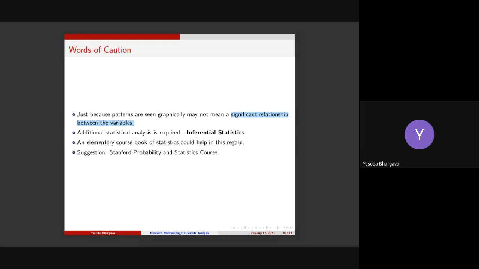So in this lecture, I hope you got a brief idea about analysis of two categorical, one continuous, and two continuous variables. In the previous lecture, we understood about univariate analysis, and before that, we understood the basis of quantitative analysis.